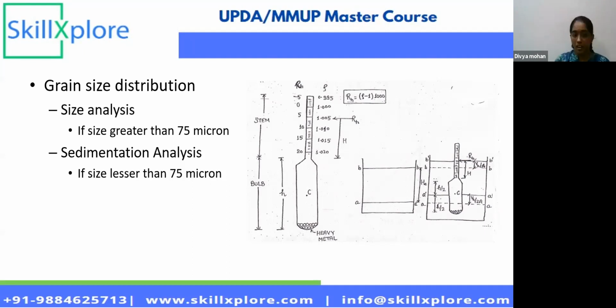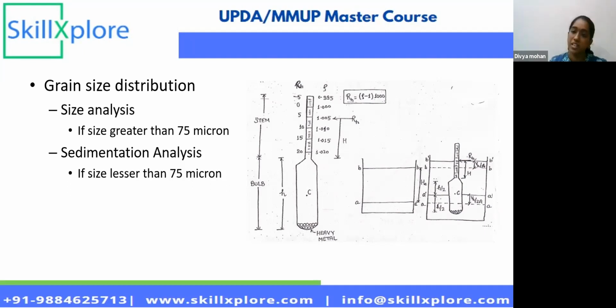However, sedimentation analysis uses settling velocity of a particle size. It also uses gravity, but the settling velocity is the major driving force in sedimentation analysis. Sieve analysis will simply vibrate the soil and we take the sieves out, but sedimentation analysis is mainly meant for soil particles less than 75 micron.